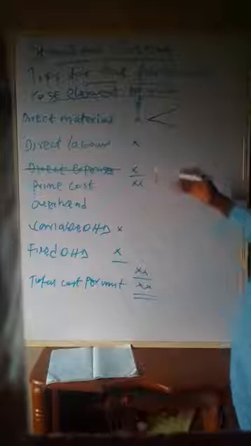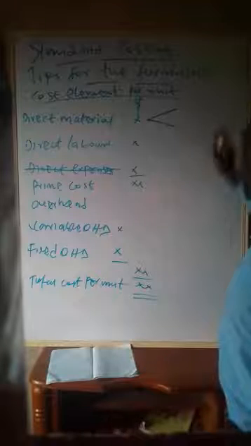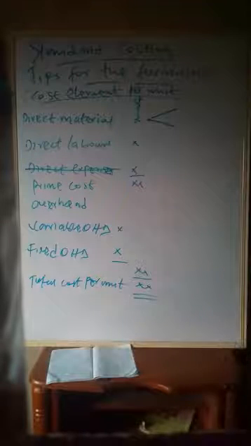What gives rise to direct material variance is that we want to control cost. The cost of direct material is now divided into material price variance and material usage variance.